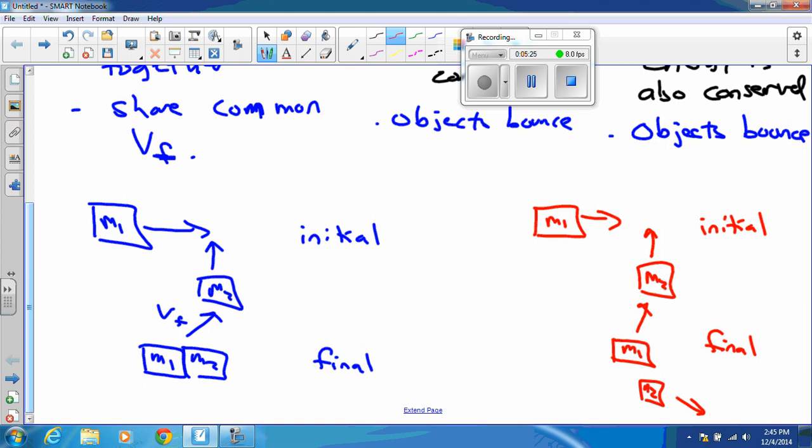When we do the analysis, we'll find out. You can imagine it's mathematically more complicated because instead of one velocity to keep track of in the final case, we've got two. So that's going to add to our mathematical complication. We're going to need an extra equation to handle that. Not doing that today. Today, our whole focus is going to be on these totally inelastic collisions.